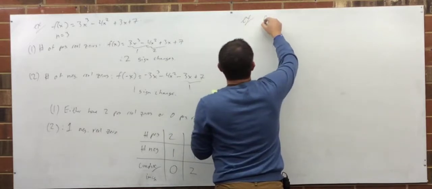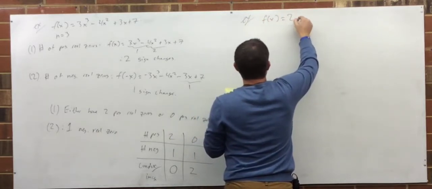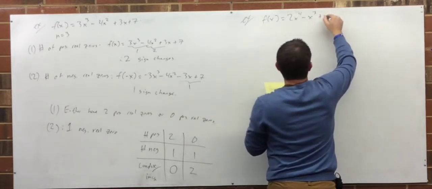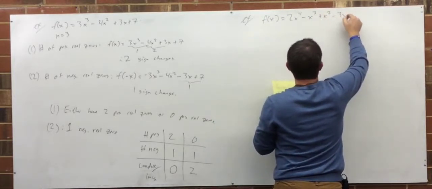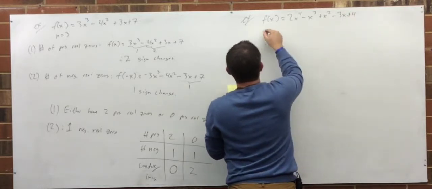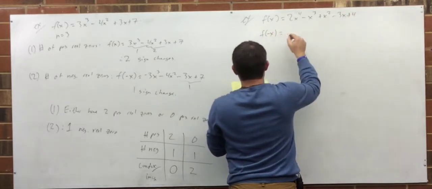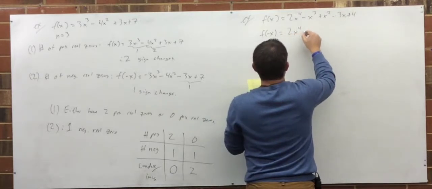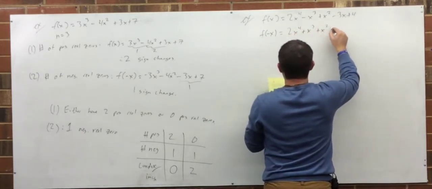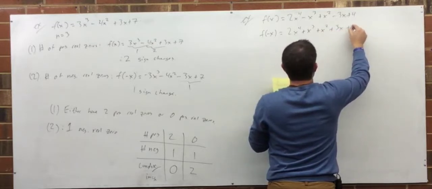Alright, example number 2. f of x equals 2x to the 4th minus x cubed plus x squared minus 3x plus 4. And I'm going to go ahead and write f of negative x. It's going to come out to 2x to the 4th plus x cubed plus x squared plus 3x plus 4.